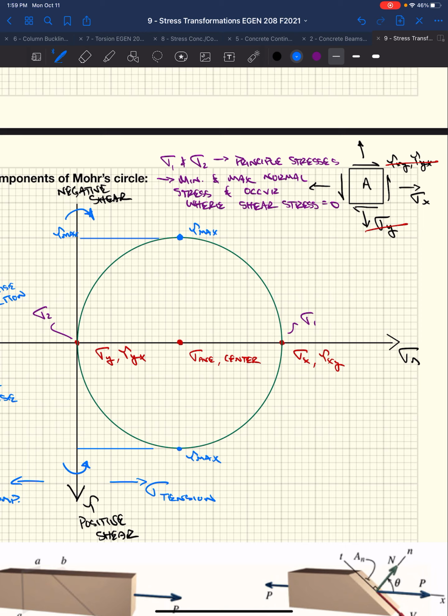We know at the top and bottom of this circle it's always going to be the case that tau max, when we plot the point on the top, is going to equal the point on the bottom. They're always equal. And you'll know the direction of them on that given face based on clockwise or counterclockwise.